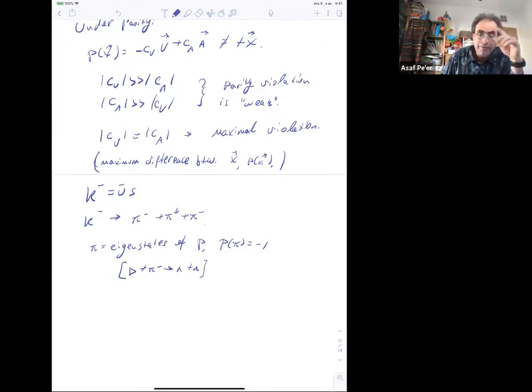The pion is made of a quark and anti-quark, and in the ground state, L is equal to 0. And then the Dirac equation requires that the fermion and the antifermion have opposite parities. Remember all that?